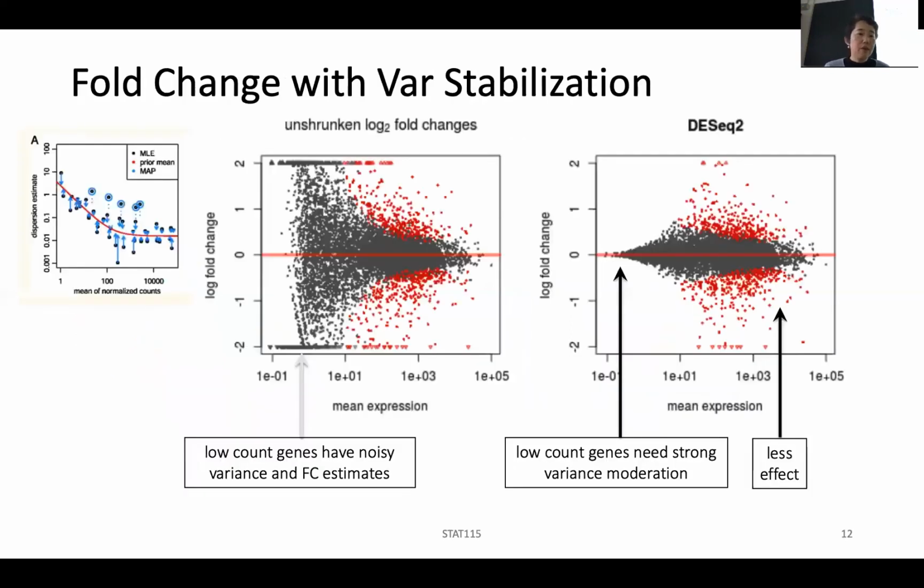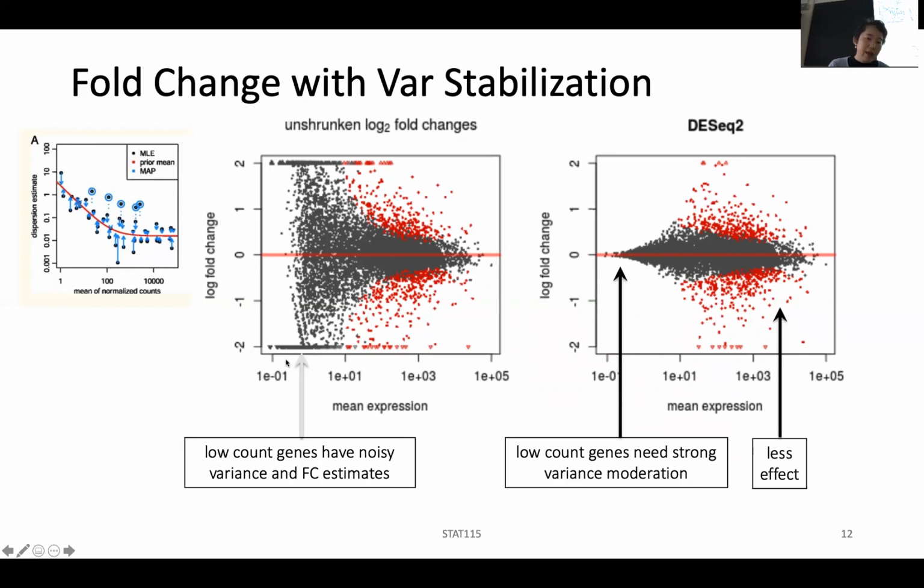To give you an example, if we were to just directly use the mean and the variance that we observed on each gene to calculate the differential expression, on the left figure, this is what we get. Each dot gives you a rough idea of how much this gene is expressed in general, and the y-axis gives you a log fold change.